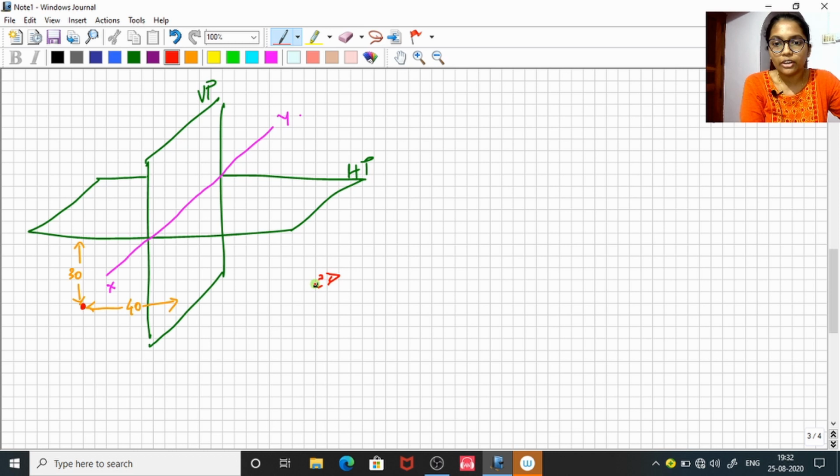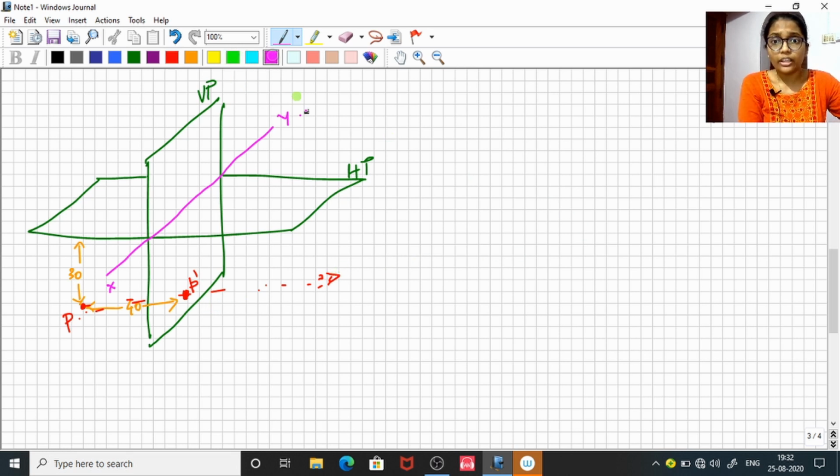So the line of sight will be this line, and also the point of intersection of the line of sight and VP is here. So let us mark it as, if the point is P, this becomes your front view.